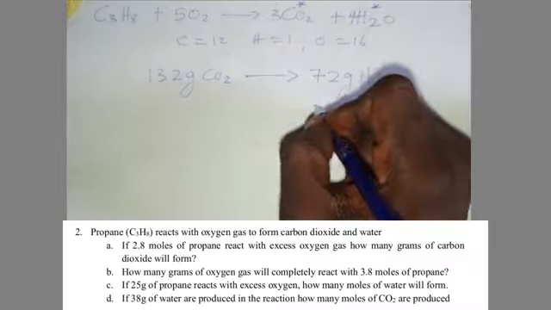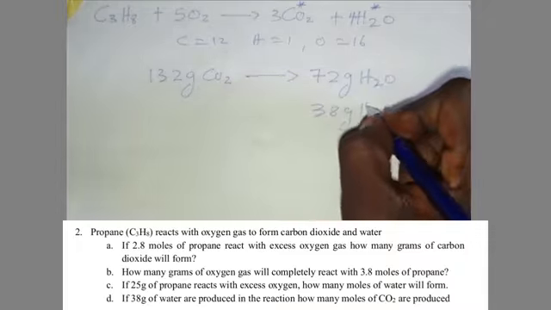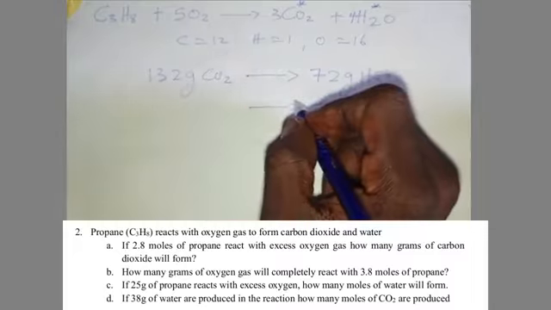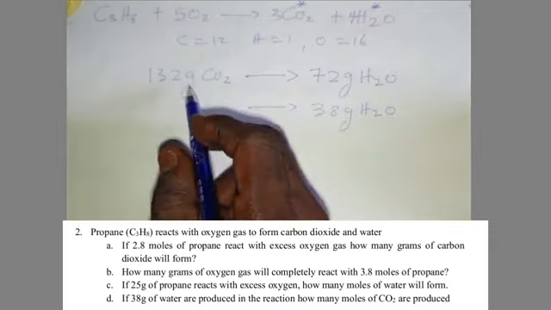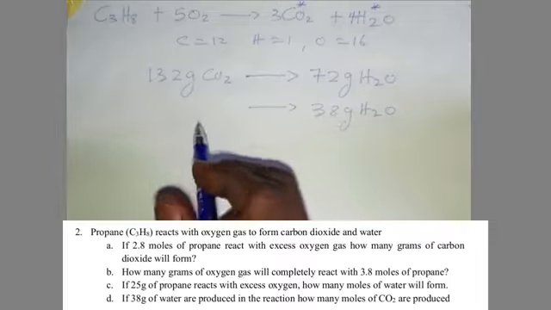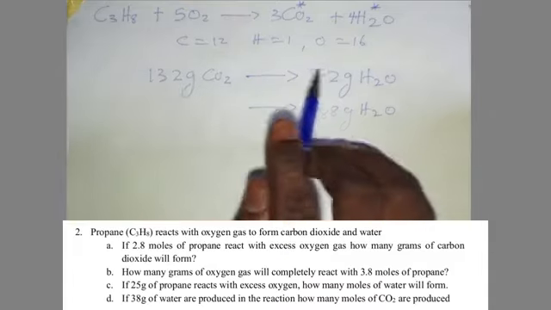So therefore, when 38 grams of water is produced, how many grams of CO2 will be produced alongside it? We are going to cross multiply. So it's going to be 38 times 132 divided by 72.